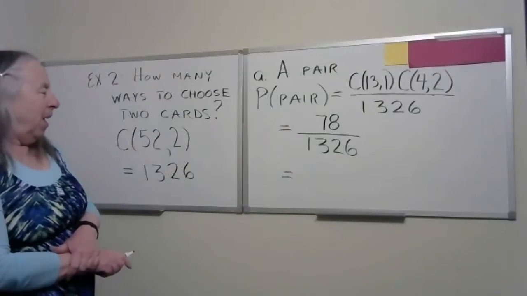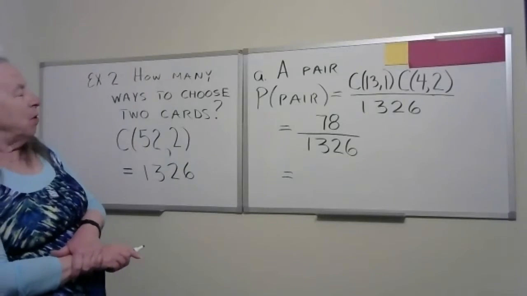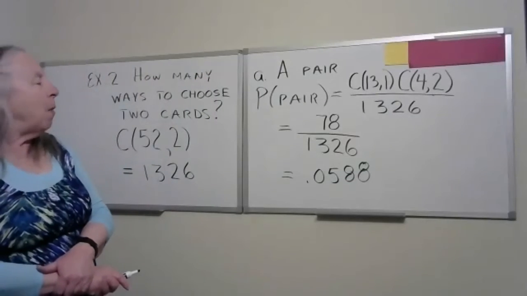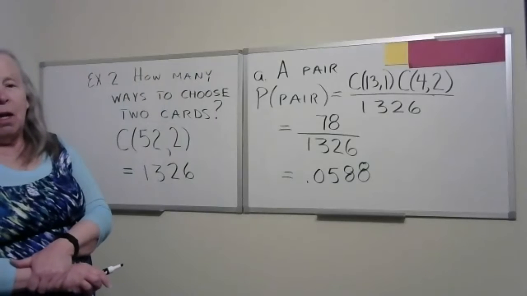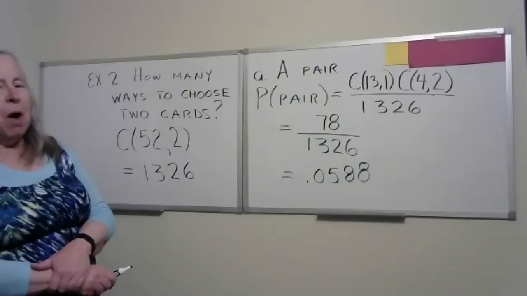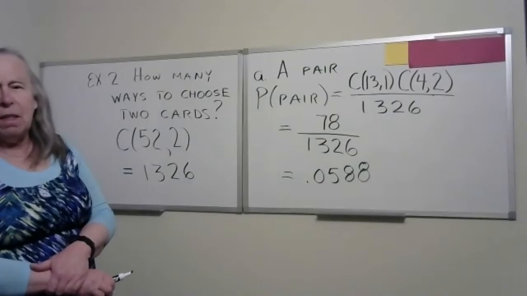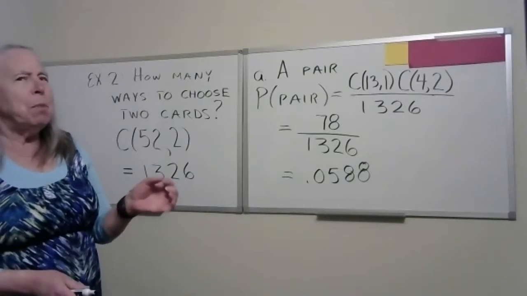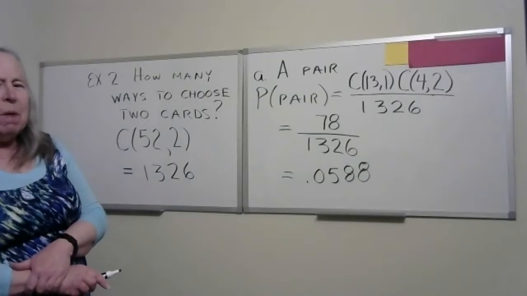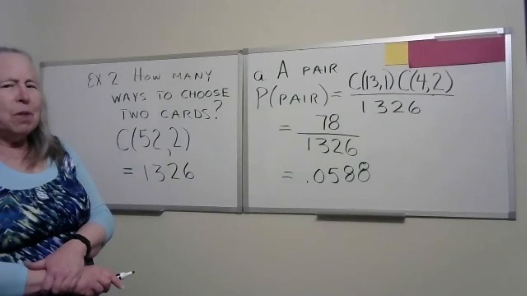Now, Ashley, what did you wind up with for your decimal? 0.0588. Okay. Now be careful on the homework to make sure that you read carefully how many decimal places they want. And Stephen, did you have to put that extra 0 in on that one problem you asked me about?